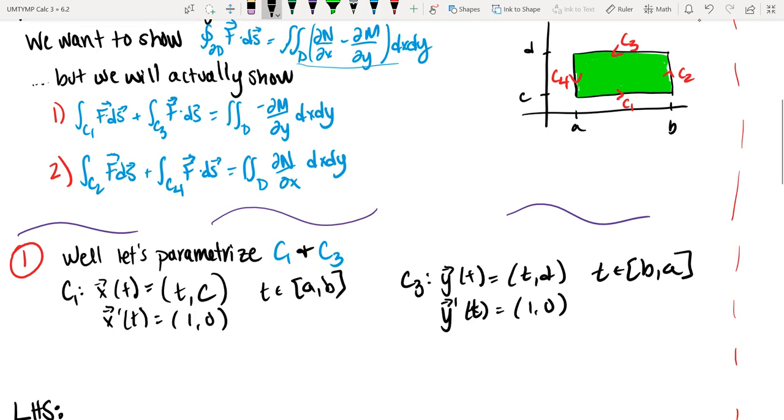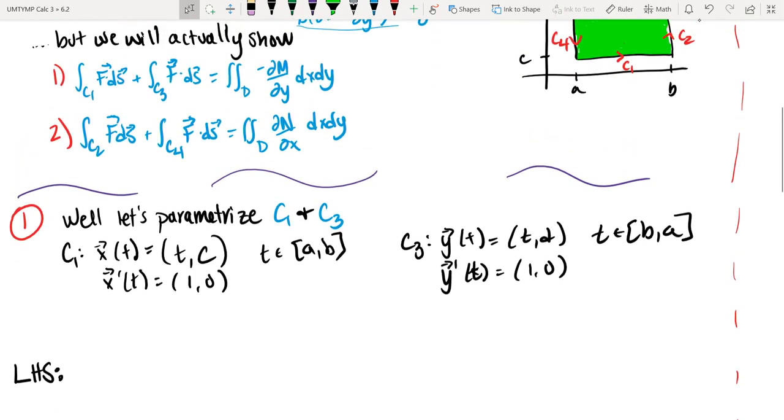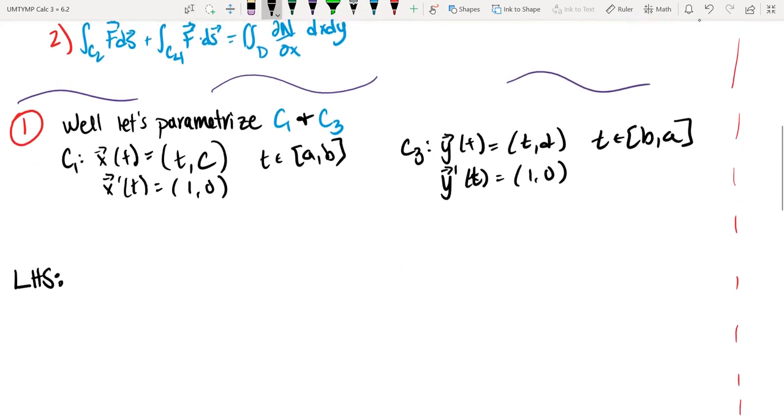Okay, so then for the left hand side, that's where I'm adding up those two pieces. So I do the integral over C1 of f dot ds plus the integral over C3 of f dot ds.